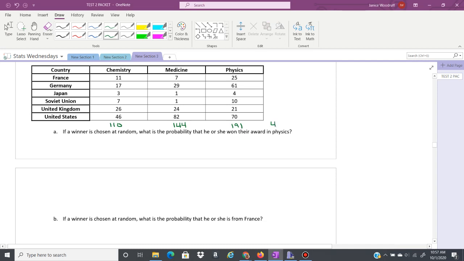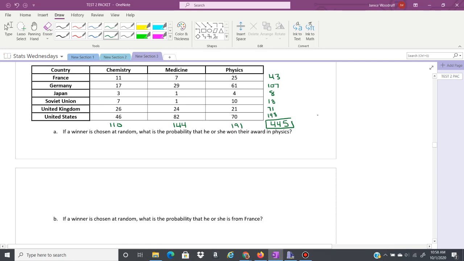So there's 445 total awards on this table. And then add the countries across. So France is 43. Germany, 107. Japan, 8. Soviet Union, 18. UK, 71. And US, 198. And then 445 is that total.